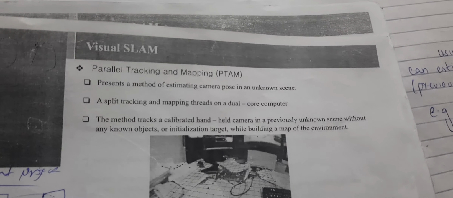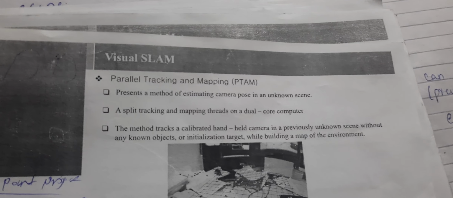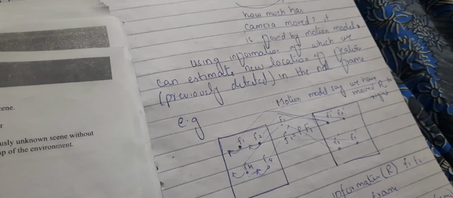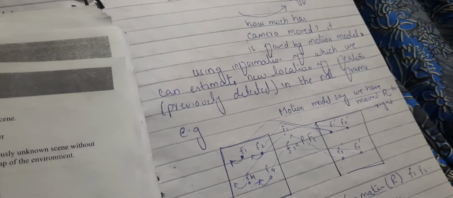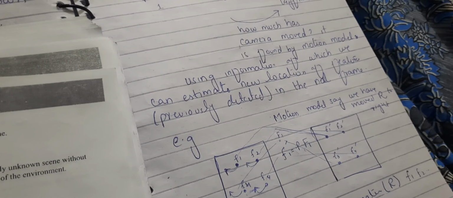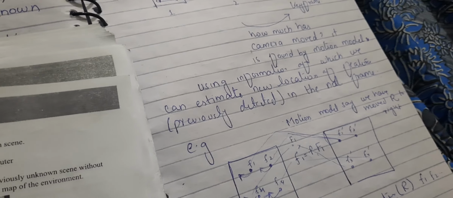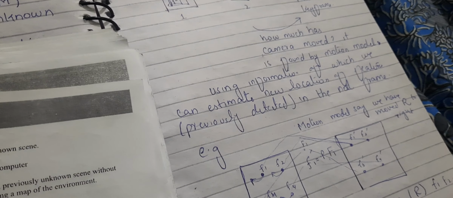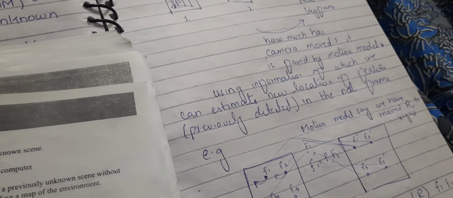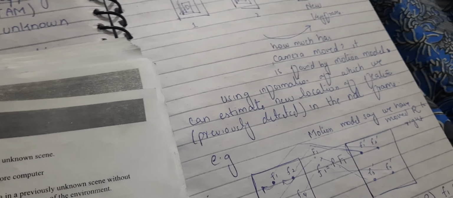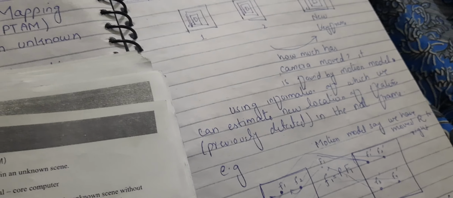It is like if this camera is, let's say, a robot, and it moved to any unknown location, let's say this. By just doing this, it will automatically find the new pose, as well as create the map, without knowing what the new location is.